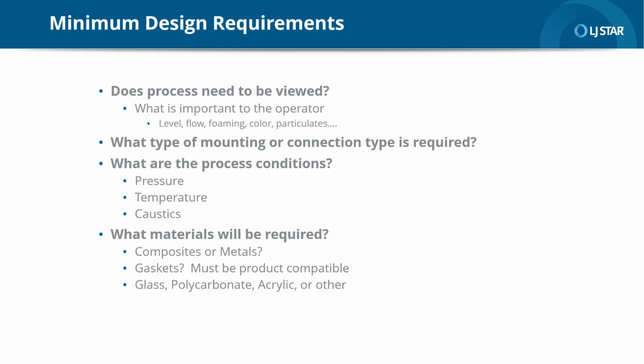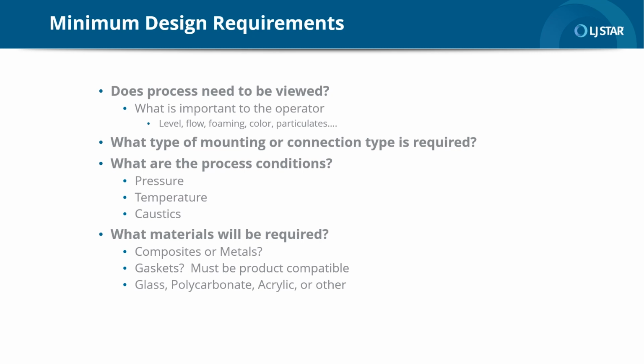And then what materials are going to be required? Again, that's going to be dictated by what we find out on the pressure, temperature, and whether you have caustics, because then we could look at composites, or we can look at different metals, and depending on what level of caustics we have to be able to handle, you may want a 316, or you may have to go to a Hastelloy, for example. Then we can look at gaskets and make sure that those are product compatible.